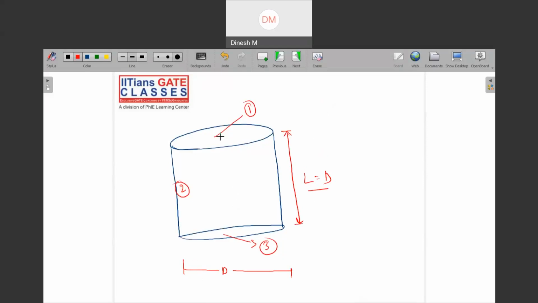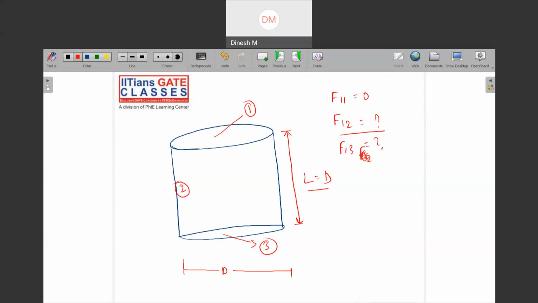So can you see what is F11? Rays started from 1 and reaching 1, so this is nothing but 0. So F11 is directly 0. Now what is F12? In order to find F12 and F13, let us say that F11 is equal to 0, F12 we need to find out, and F13 we need to find out.